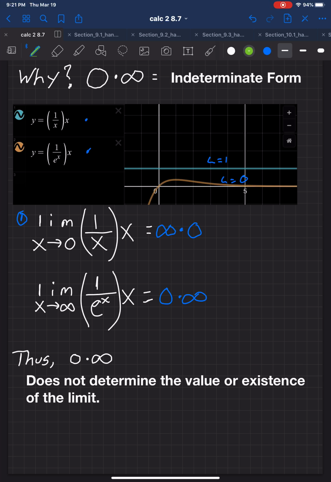So the true answer is that one limit is 1 and the other limit is 0. So although both of them take on the form of infinity times 0, 0 times infinity, the result is different.